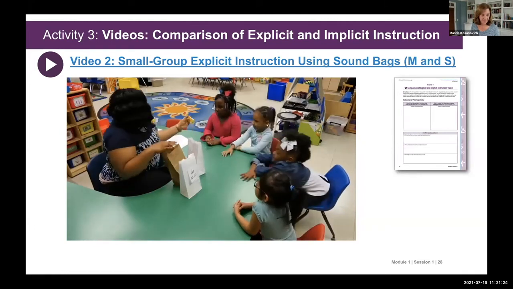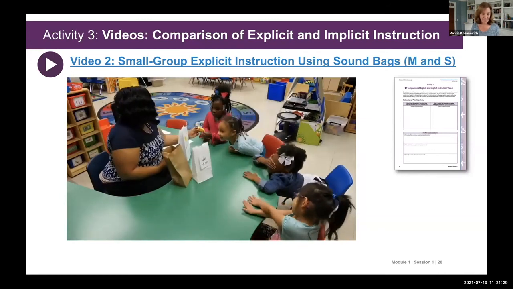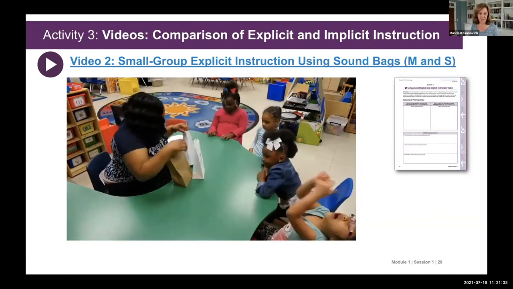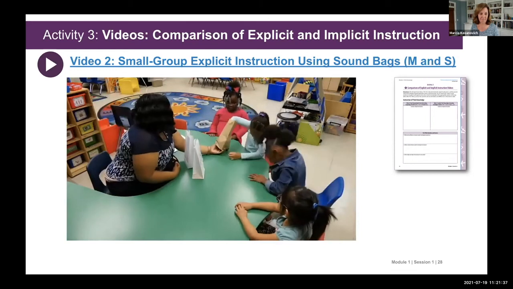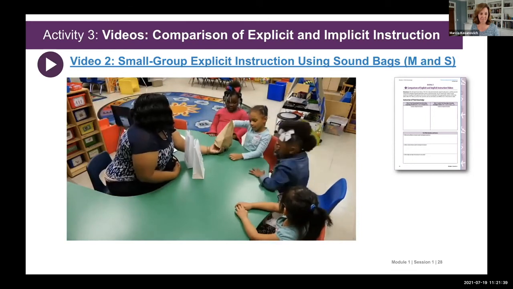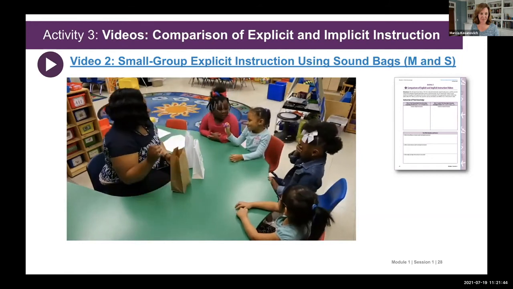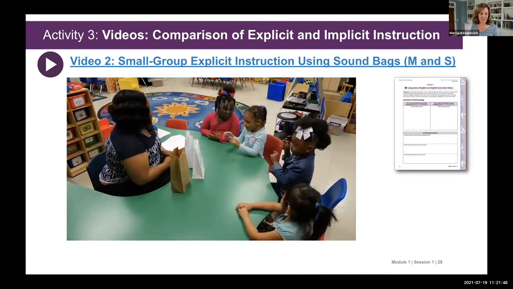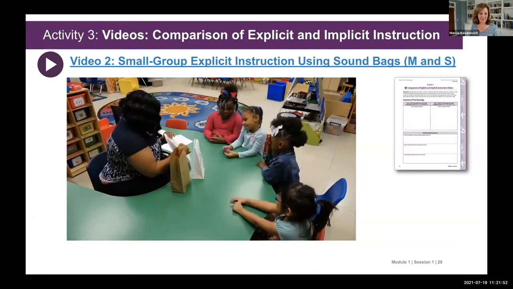Alright, so where would you put your M? In the M bag or the S bag? M bag. Good job. Alright, your turn, Jasmine. Can you take a letter out of the bag? What letter did you pick, Jasmine? Can you trace it with your finger? What letter is that? S? You think that one is an S?